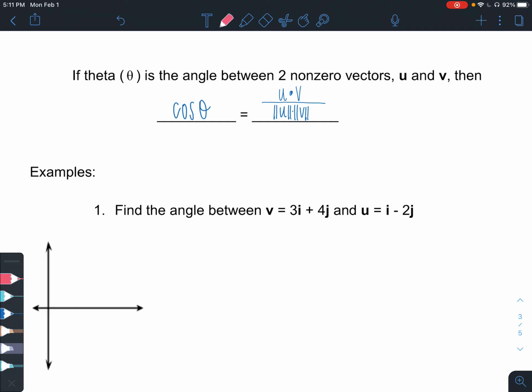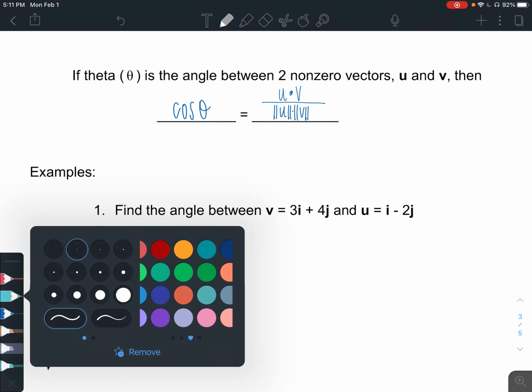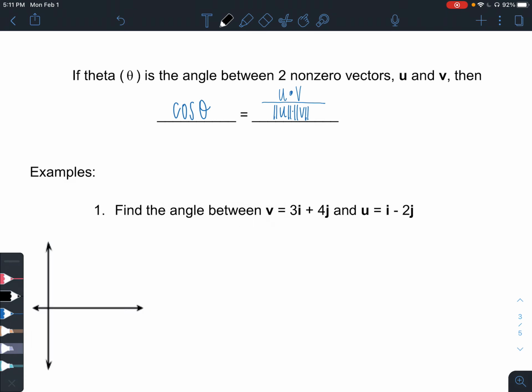I'm going to go ahead and draw these two things here, and get some tick marks going. So we've got v, we'll label that with pink, is 3i plus 4j, so that's about here.